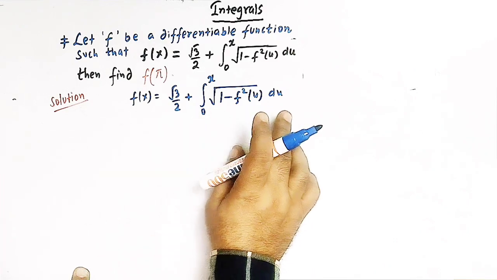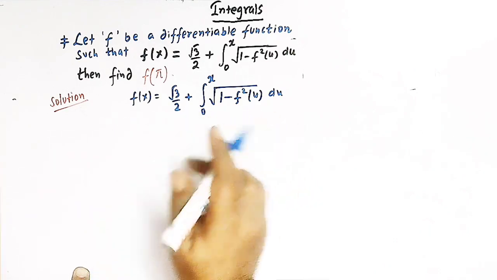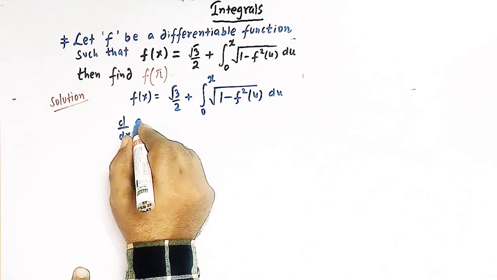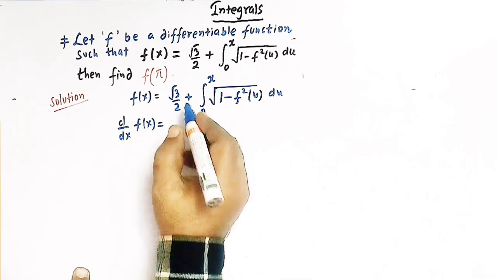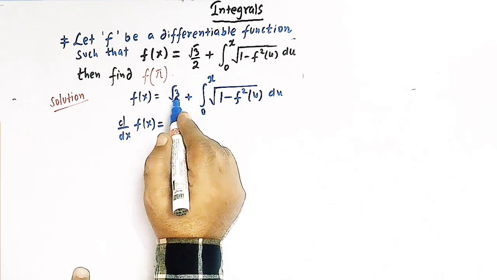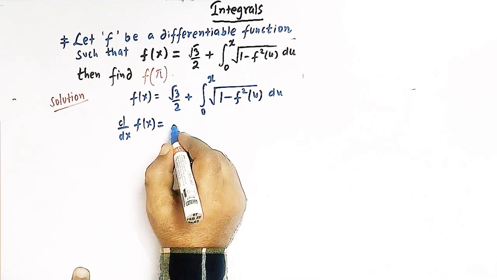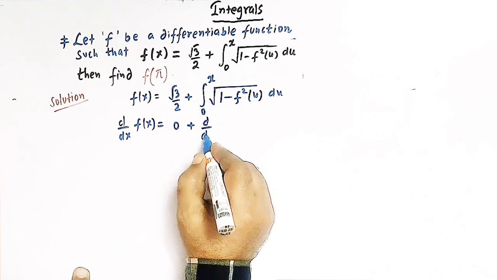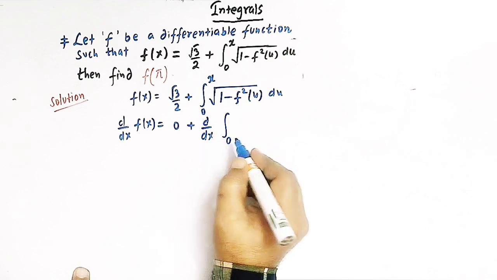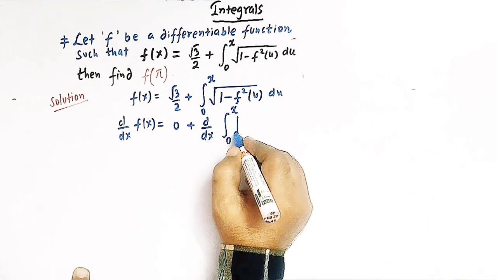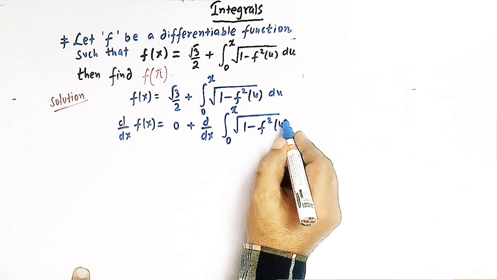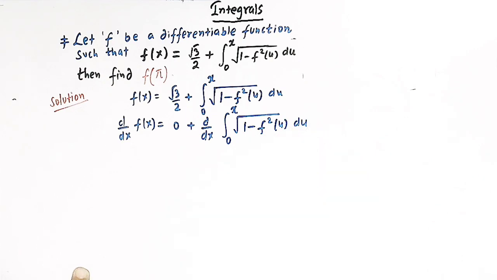Now what we will do, we'll differentiate both sides with respect to x. So we'll write d by dx of f of x, and here the derivative of root 3 over 2 is 0 because it is a constant, and then we have d by dx of the integral from 0 to x of square root of 1 minus f square u du, right?